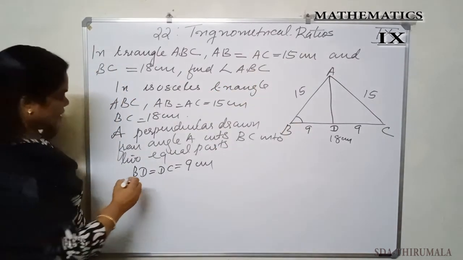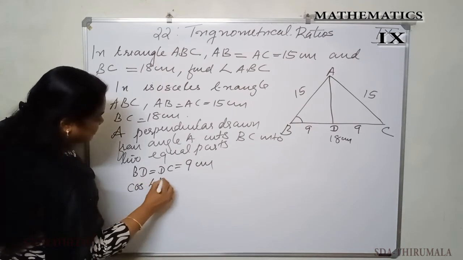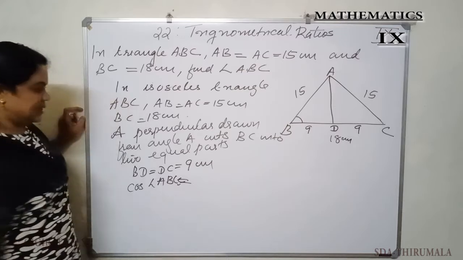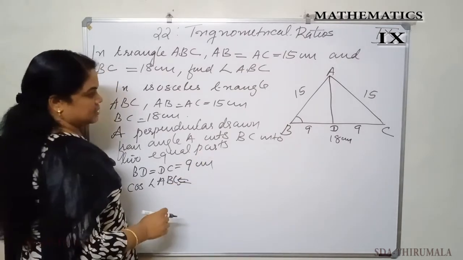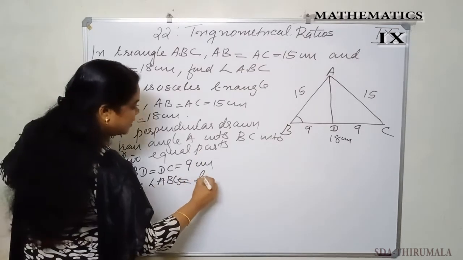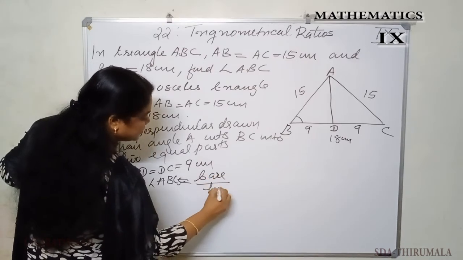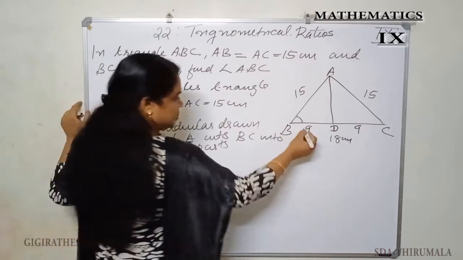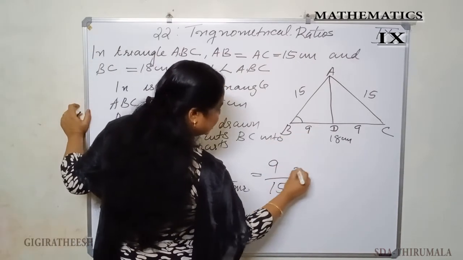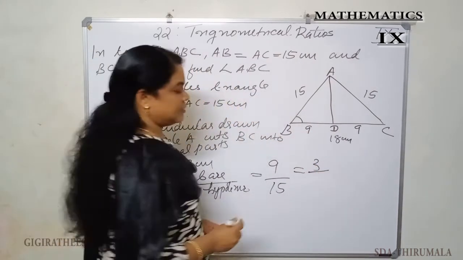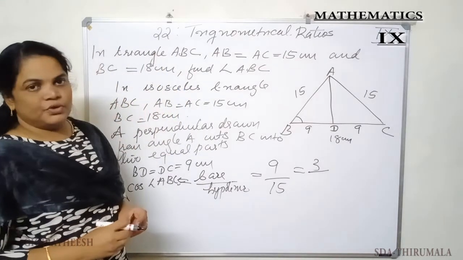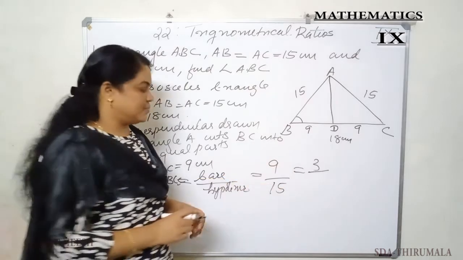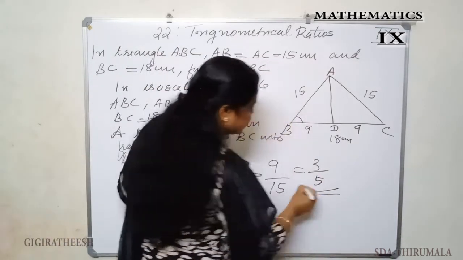So cos angle ABC is equal to base by hypotenuse. Base here is 9 and hypotenuse is 15. We always write the fraction in the least form, so 3 by 5 is the answer.